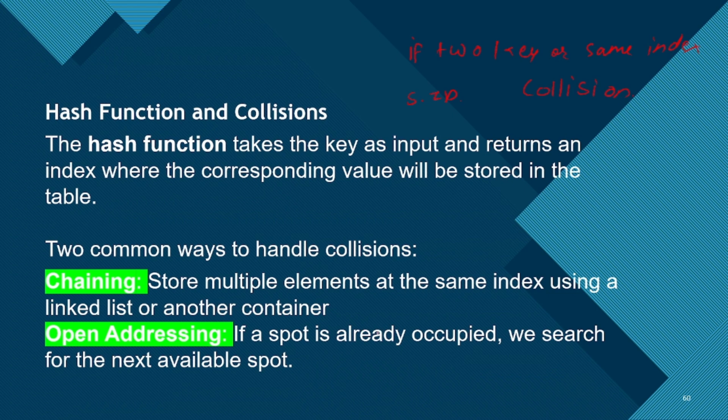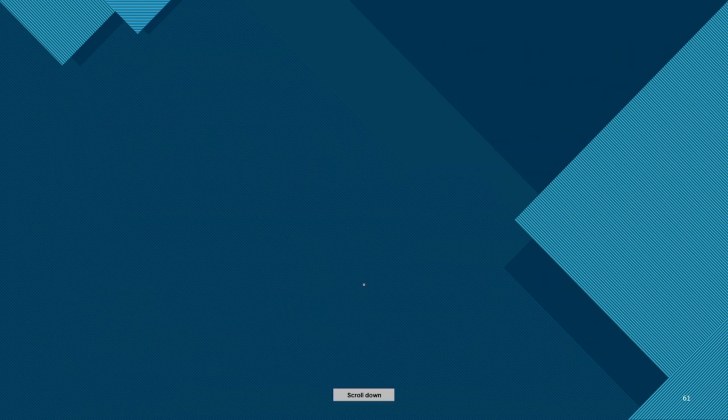This is just the theory part, and apart from this, let's look at real world examples. Hash tables have several practical uses in the real world. The first one is database indexing.